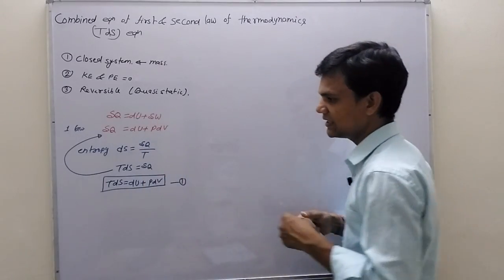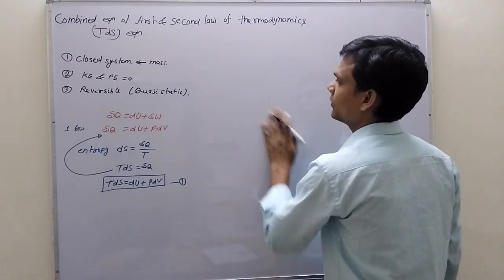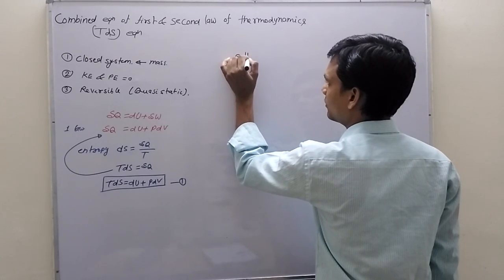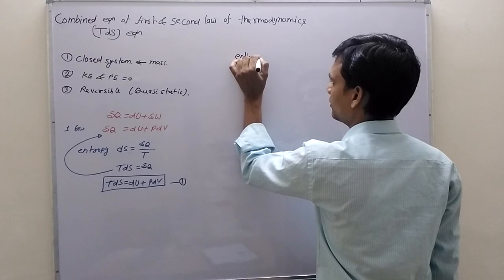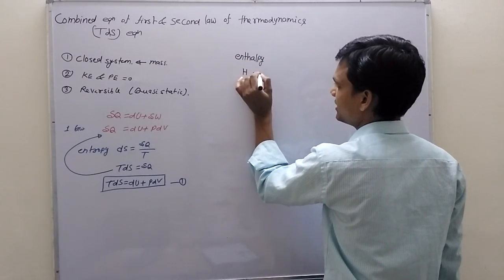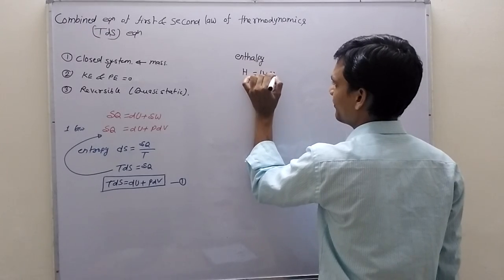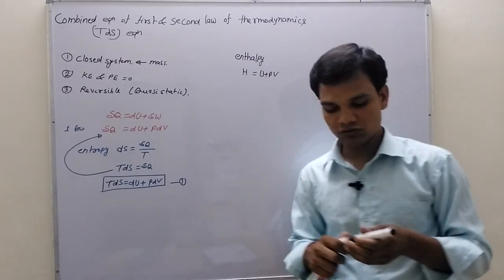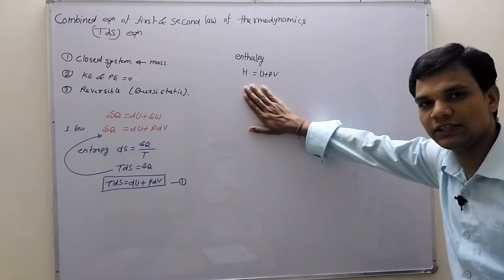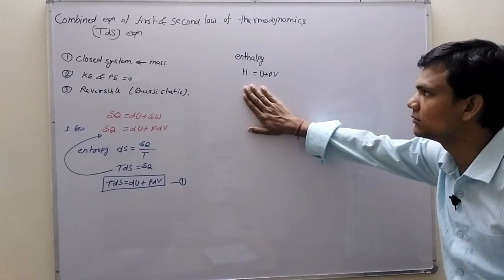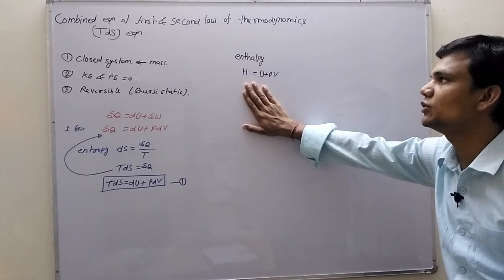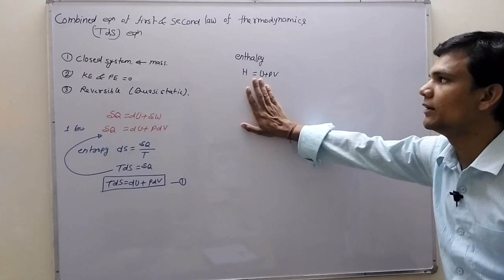Now to obtain the second TdS equation, you have to know the formula of enthalpy, that is H is equal to U plus PV. You can also see my previous lecture related to enthalpy.